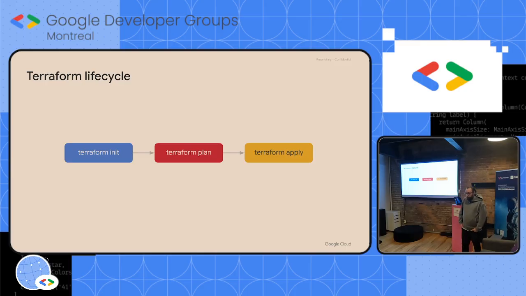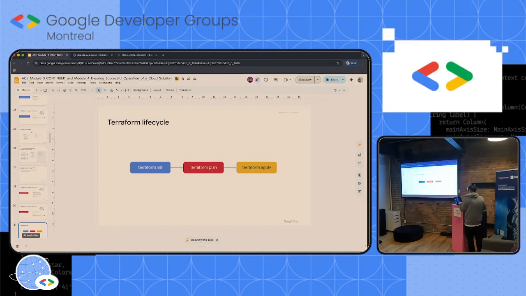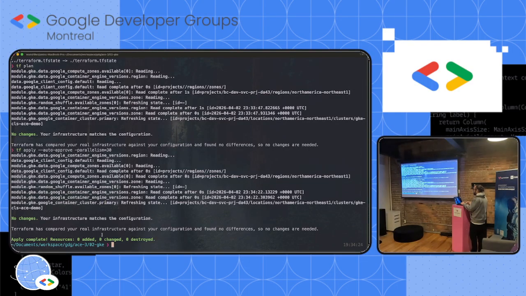You can use the console, but honestly, in 2 minutes with my reproducible code, I can deploy hundreds of resources. You can't do that in the web console in less than 2 minutes. Yeah, it's not humanly possible. That's a certification question as well. So for Terraform, how can it help?